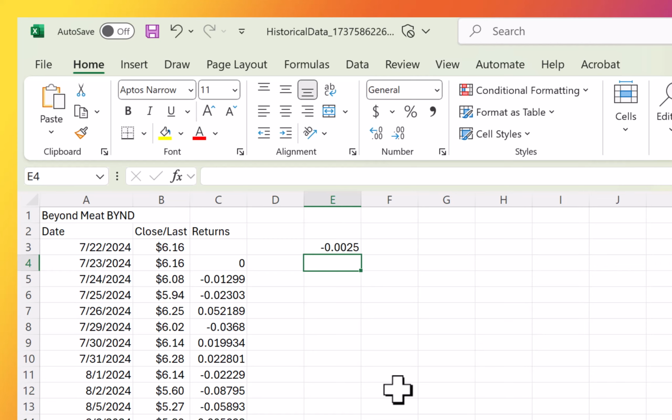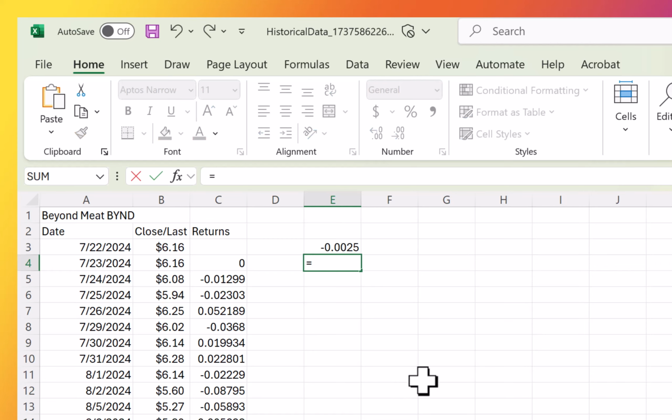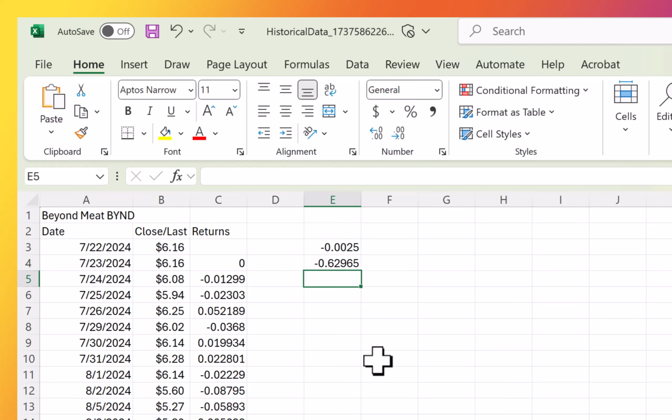Because it's daily, I want to take that average daily and multiply it by the number of trading days in a year. So I'm multiplying it by 252. And now I've got the drift rate, the mu, of minus 0.629. So an annual return on investment would be a loss of like 63%.